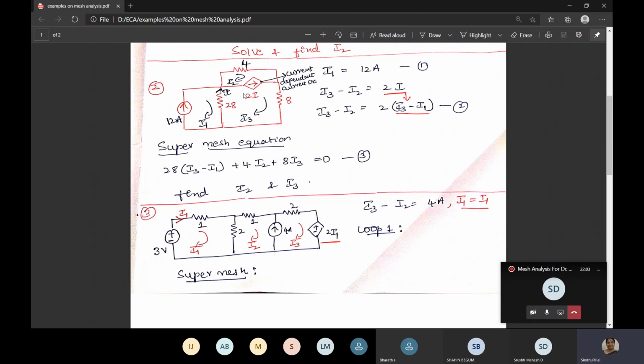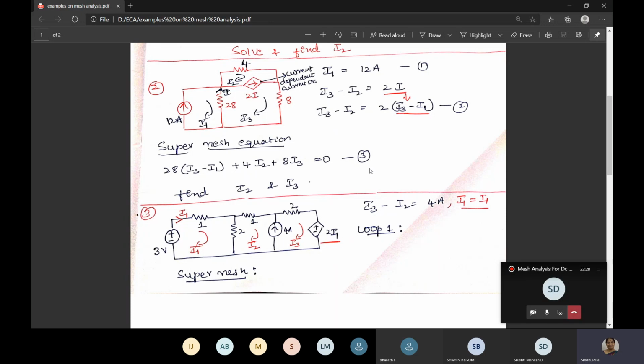In I2 and I3, how many elements are there? We have a 4 ohm resistor, an 8 ohm resistor, and a 28 ohm resistor. We'll start with 28. In the 28 branch, how many currents are there? I3 and I1. So 28 into (I3 minus I1) plus 4 into I2 plus 8 into I3 is equal to 0.